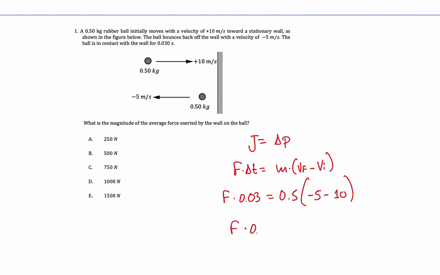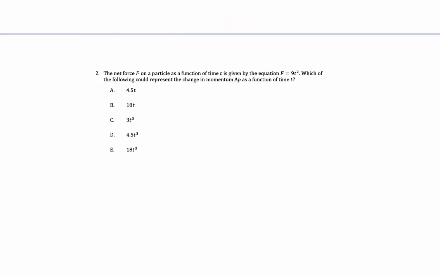So force times 0.03 is equal to -15 times 0.5, so -7.5. So the force is 7.5 divided by 0.03. This is 250 Newton. The minus indicates that the force is to the left, or opposite to the initial velocity.